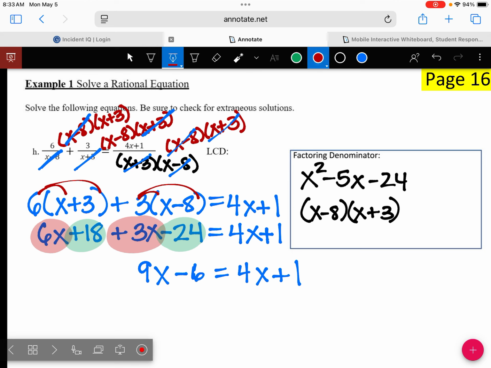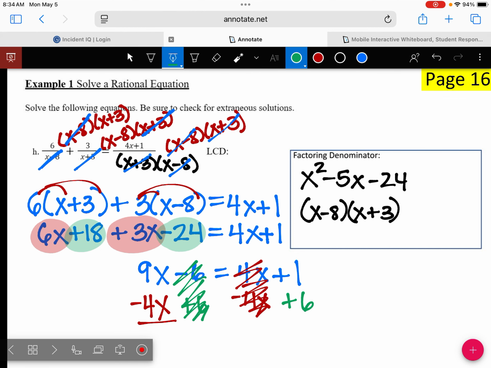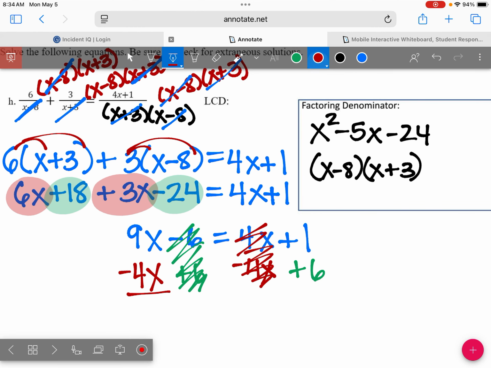So I'm going to subtract 4x. And that's going to get rid of this. And then I'm also going to add the 6. And that's going to get rid of that. And that's going to leave me with 9 minus 4 is 5.